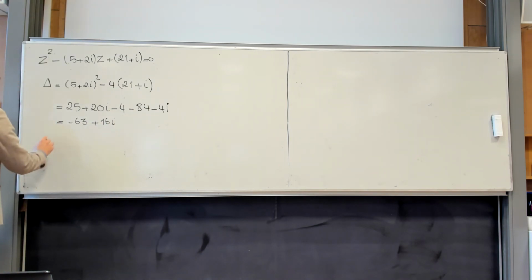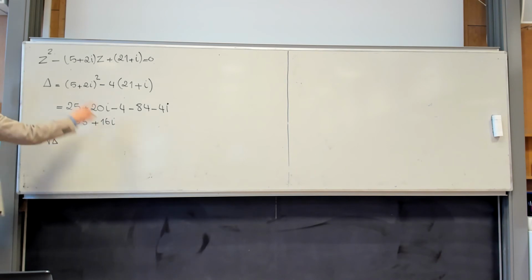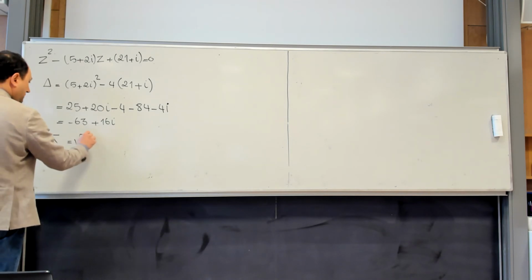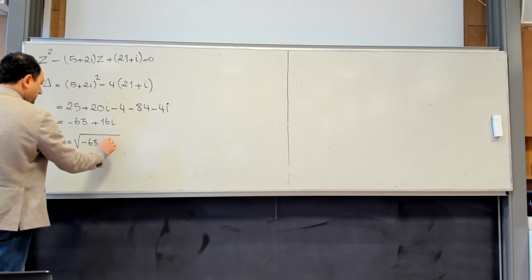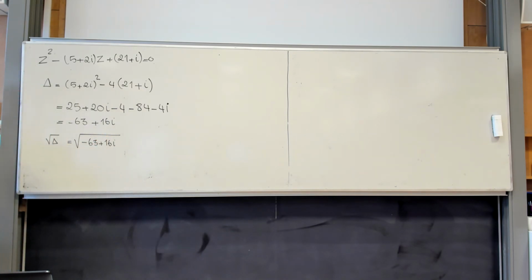But I am interested in calculating the square root of delta instead of calculating both of them. And then we know that the other one is the negative of this one. If I want to calculate the square root of delta, it means that I want to calculate the square root of this number.